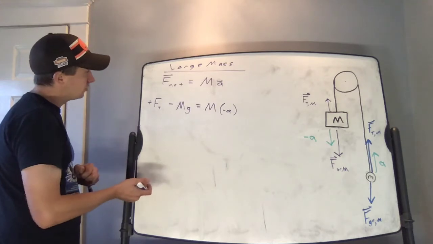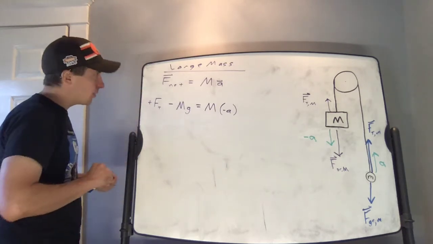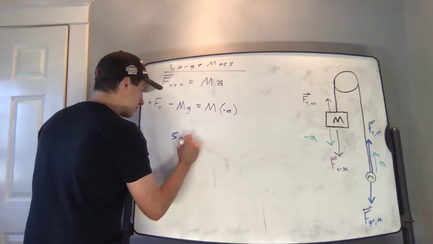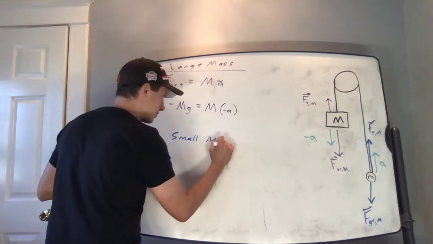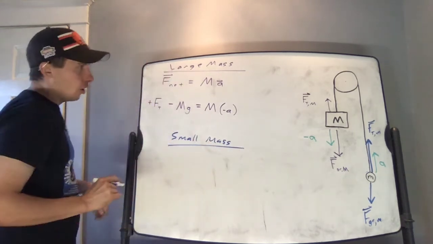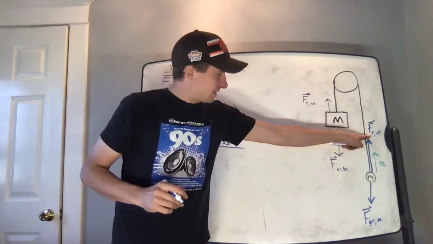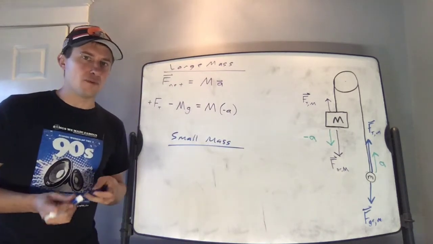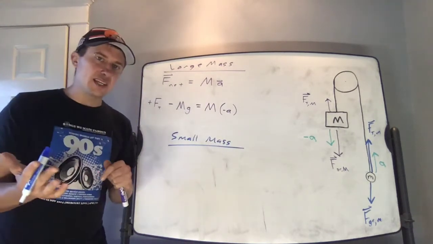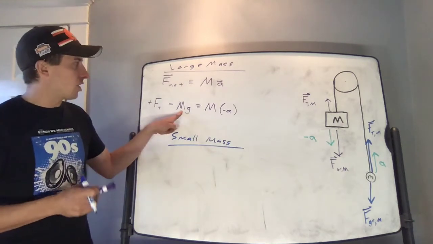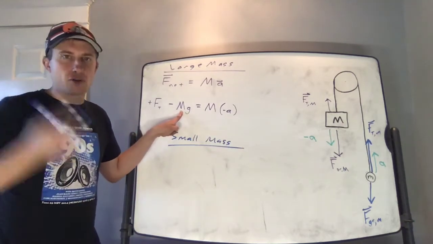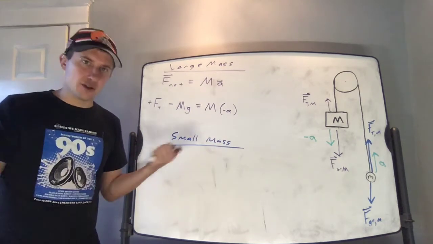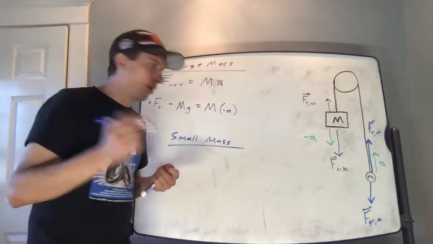Now, if I want to, I could do the exact same thing for the small mass. For the small mass, okay, I have the tension force and the force of gravity, which will look very similar to what we had before. The only difference is that instead of big M, since we were talking about the force of gravity on the large mass, I now have little m because I'm talking about the force of gravity on the small mass.